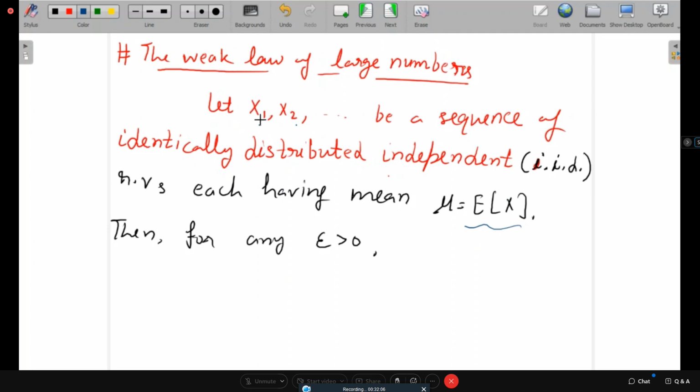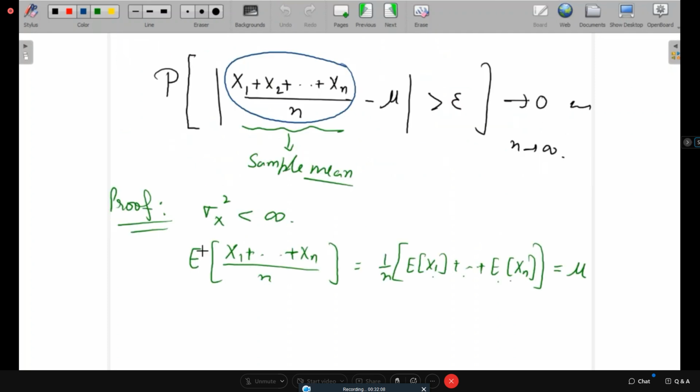If you take any n, I will denote Y equals X1 plus X2 plus and so on plus Xn, divided by n, or you can say this is Yn. I am going to apply Chebyshev's inequality.